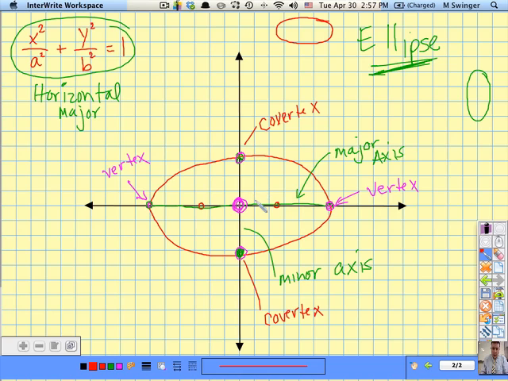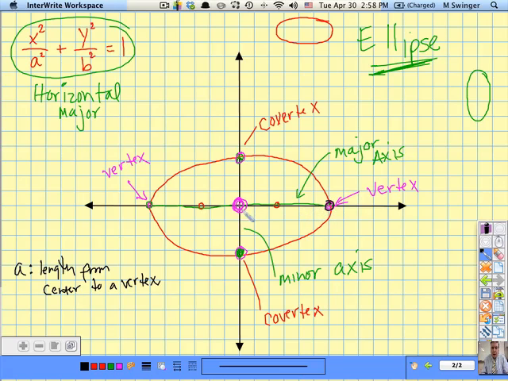So what else can I say? Oh, so a and b. a is a length from the center to a vertex. So here's the center to a vertex.